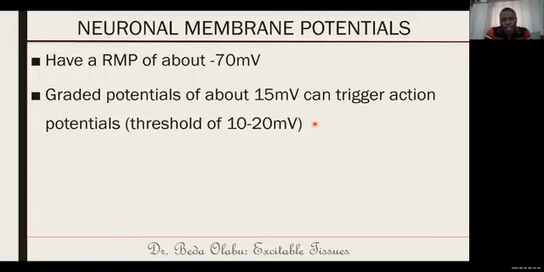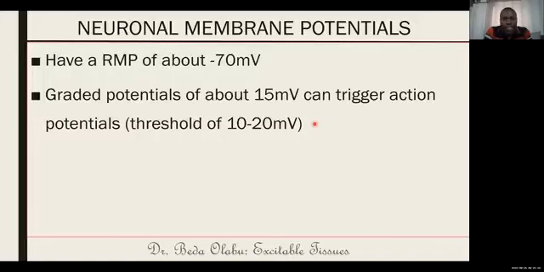So if it's at negative 70, if the disturbance makes it go to negative 50, it will definitely generate an action potential. Now I want to ask a question to you.